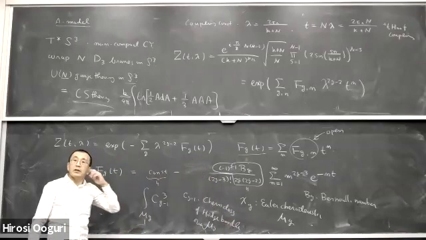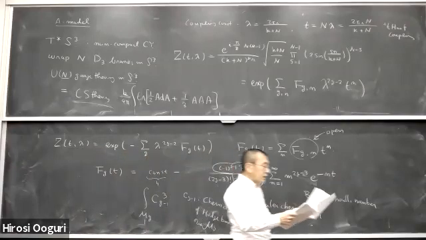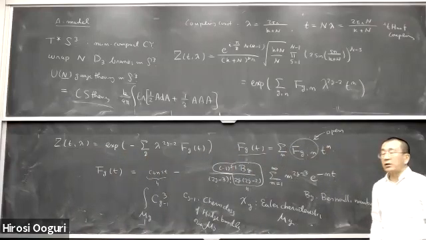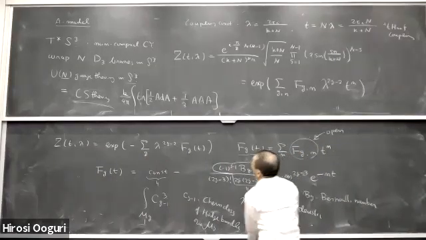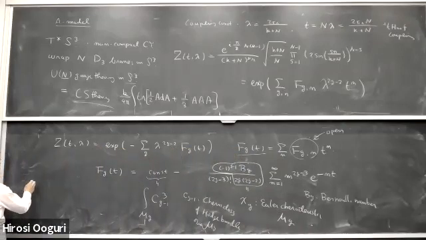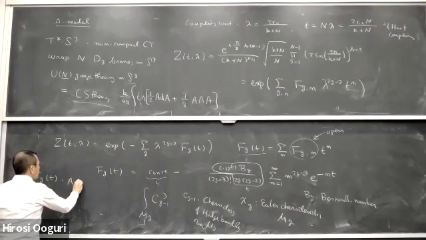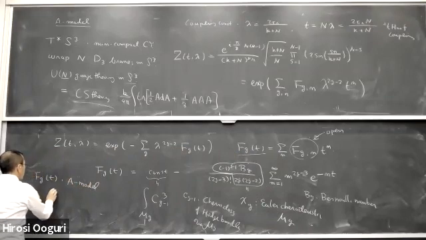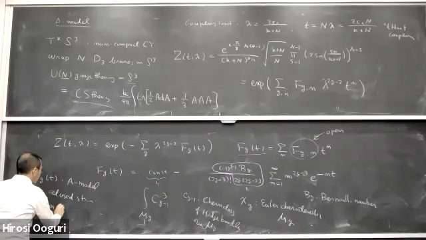So both of them have a nice closed string interpretation. Moreover, the entire thing has an interpretation as calculating the closed topological A model on what is called the resolved conifold geometry. So Fg of t turned out to be an A model closed string on the resolved conifold.